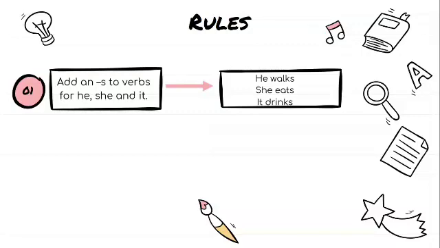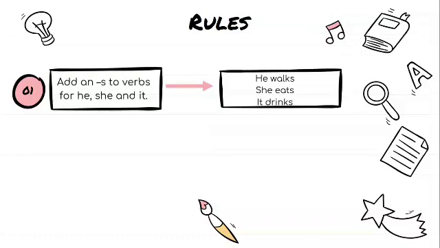Tenemos que agregarle the letter S cuando hablamos al verbo, cuando lo usamos con los pronombres he, she, and it. Okay, so in this case, we don't have to add another thing to those verbs. If you see, the only thing it is the letter S, okay? So he walks to the school. She eats pizza. It drinks water, okay? So we have to add the letter S.